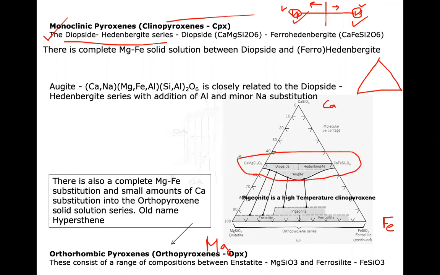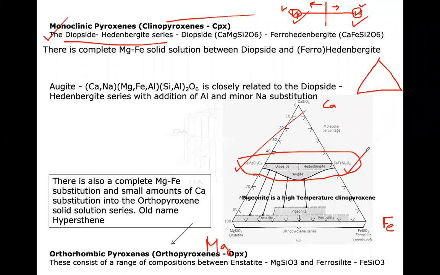This is the very common type of clinopyroxene series, the compositional range where in natural environments we find this particular inosilicate. Diopside means this composition, calcium and magnesium composition. Hedenbergite means calcium and iron composition.